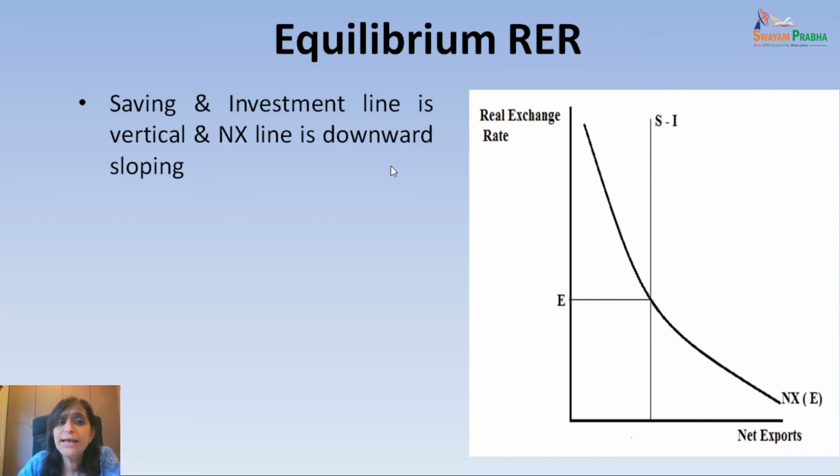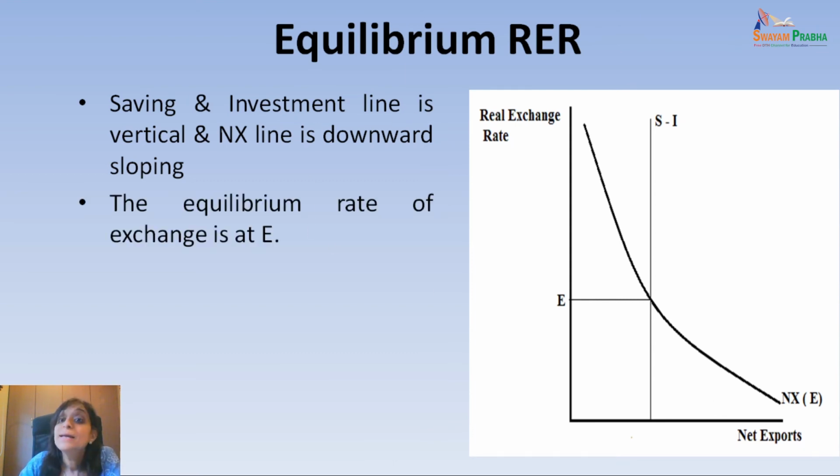Now, as we just said, the saving and investment line is vertical, whereas net exports is downward sloping, giving an inverse relationship between RER and net exports. The equilibrium rate of exchange is at point E, where the net exports line intersects the net capital outflow line.